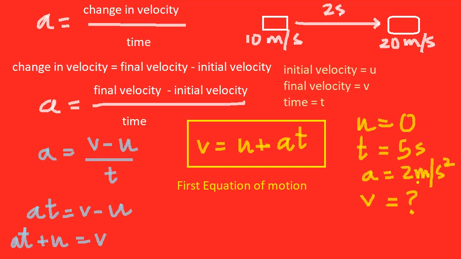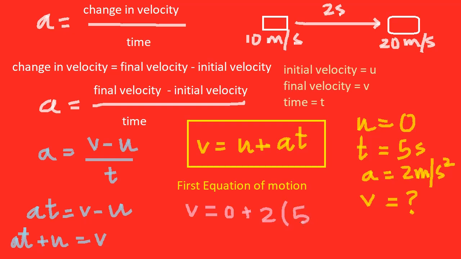In order to calculate this, we can take the help of the first equation of motion. According to the first equation of motion, we have v equal to u plus at, and hence v equal to 0, the value of u, plus a, which is 2, times t, which is 5.